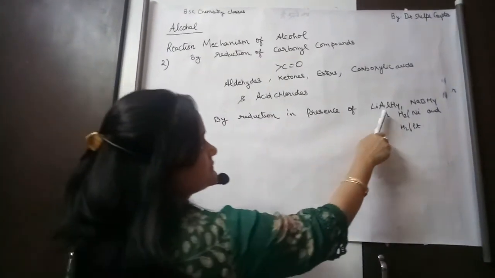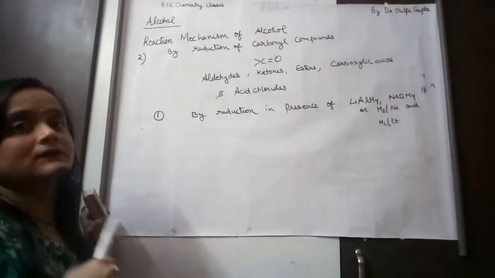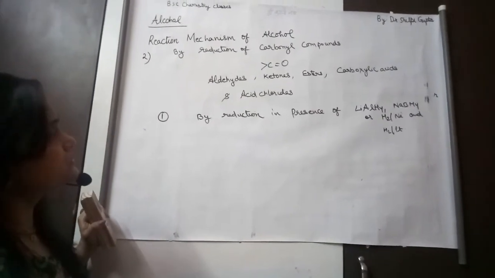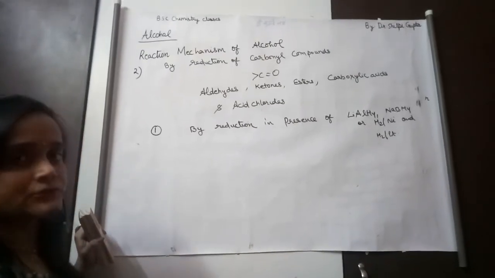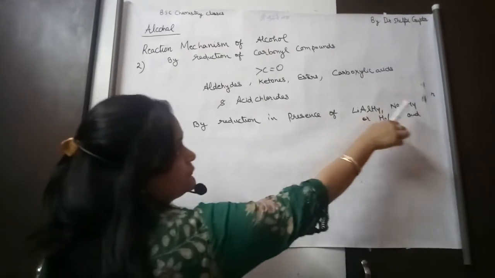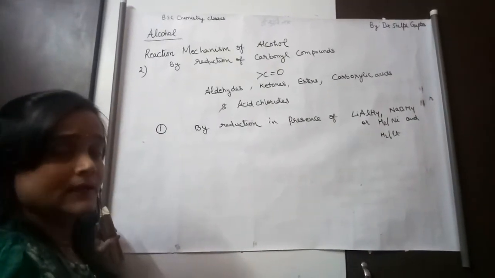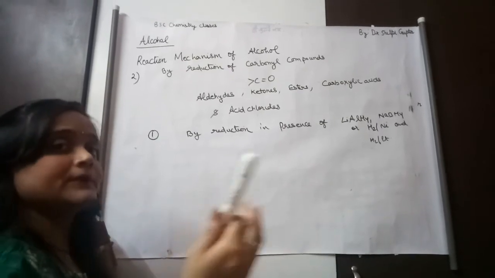Whenever you see these agents, you must understand that this is a reduction reaction. Reduction reactions are also called addition of hydrogen. Whenever the reduction reaction comes in presence of these reagents, you should understand that the addition of hydrogen will be done.